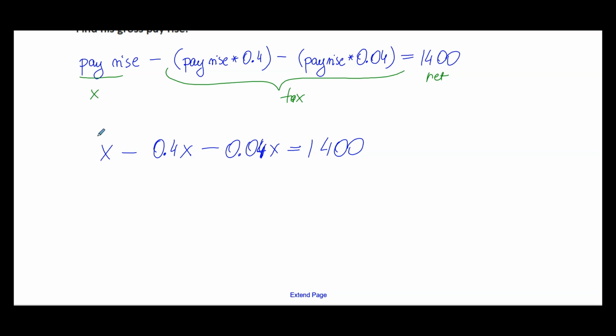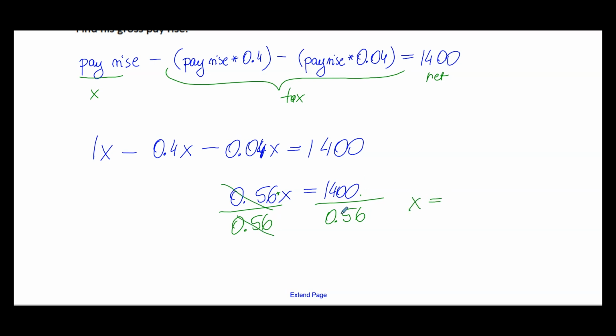So if I add up, x is 1 minus 0.4 minus 0.04, we put that in the calculator, and what do we get? 0.56 of x equals 1,400. Now we want the value of x, not x multiplied by a number. So to eliminate multiplication, we divide, and we divide both sides of the equation, in this case by 0.56. We put then our fraction 1,400 divided by 0.56 in our calculator, press equal, and we get that the pay rise is actually 2,500.